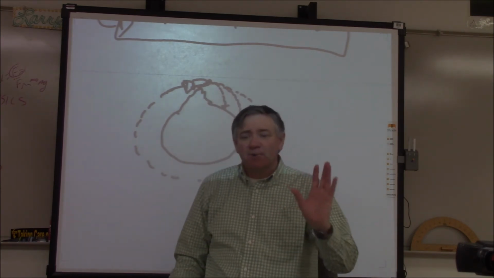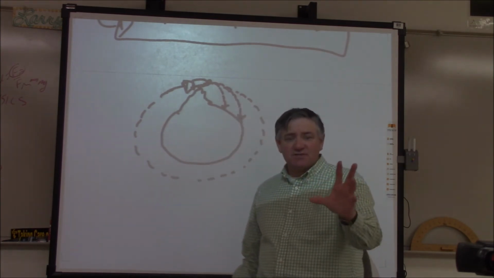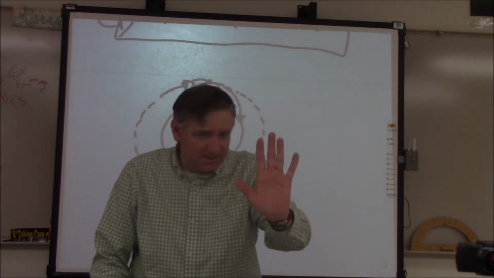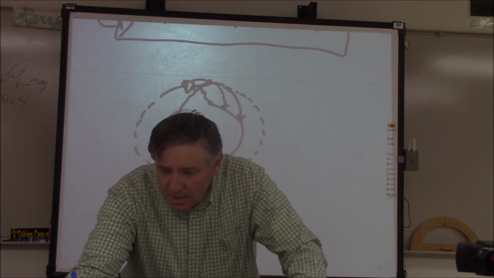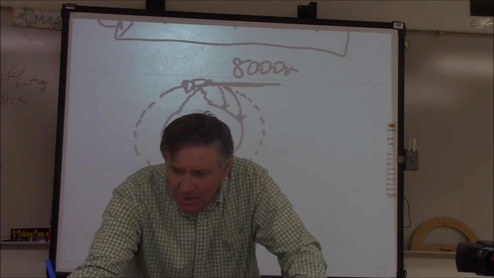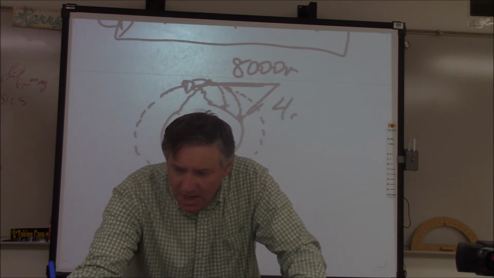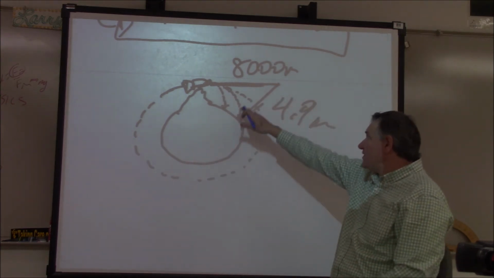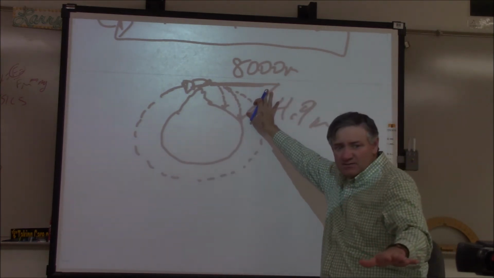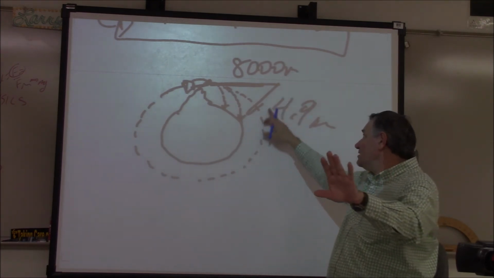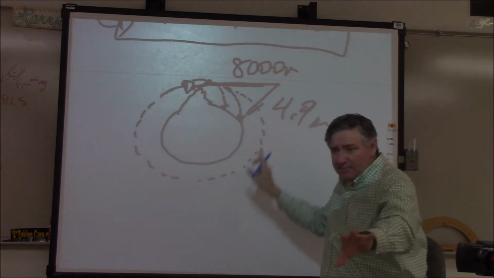Earth. Now, if you're at the surface of the Earth, and here I will not expect you to know this, you just need to know the concept. If you travel out 8,000 meters, the Earth curves out from underneath you 4.9 meters. So 8,000 meters is about 5 miles. So here's the significance of this 4.9 meters.